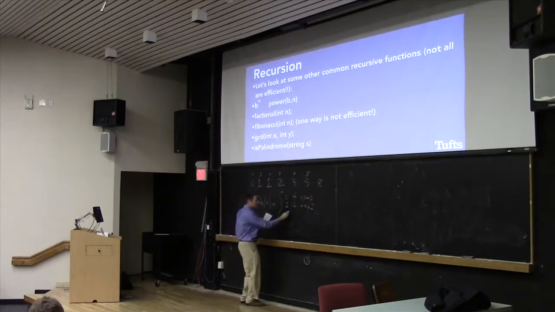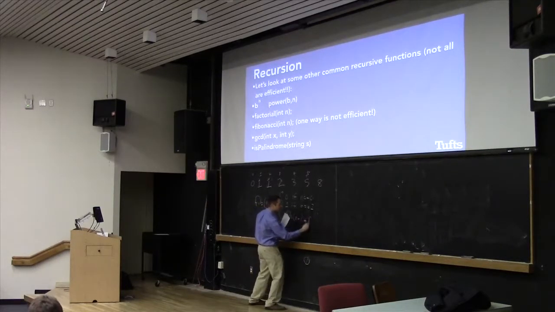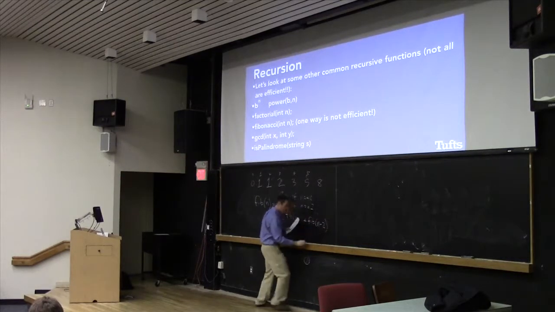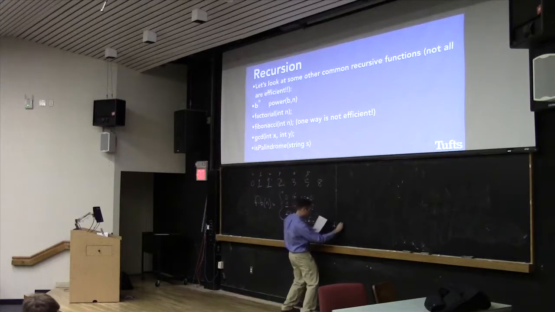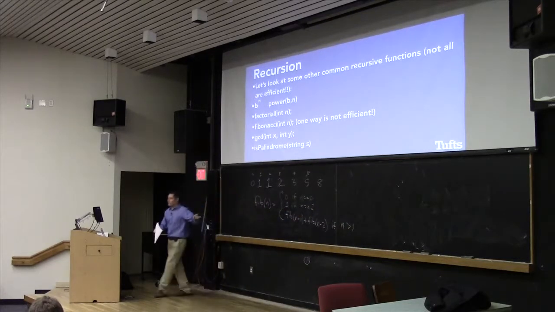Otherwise, it's going to be the Fibonacci number of n minus 1 plus the Fibonacci number of n minus 2. And that's if n is greater than 1.